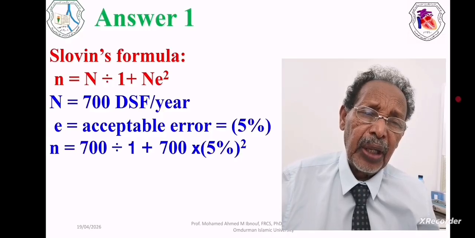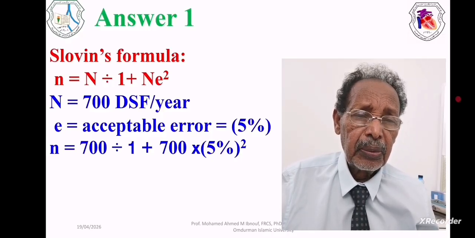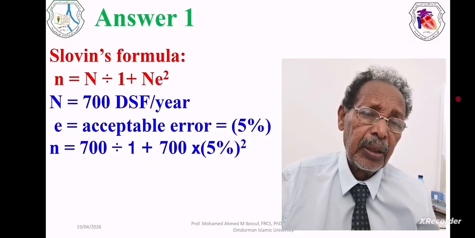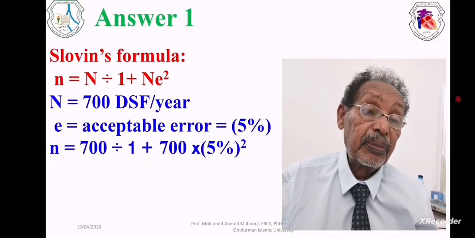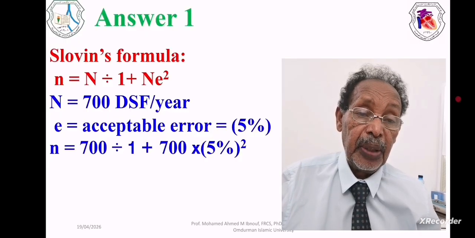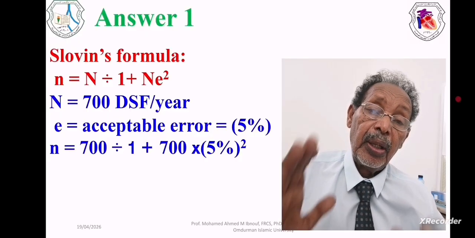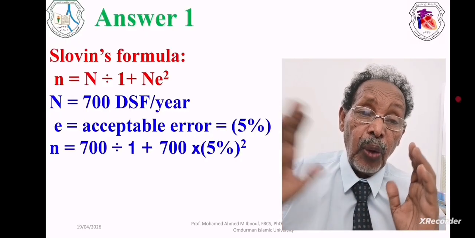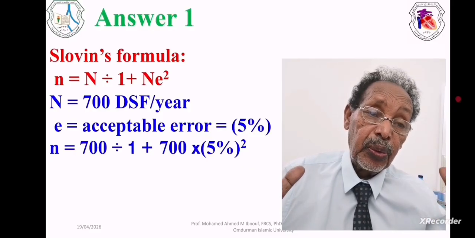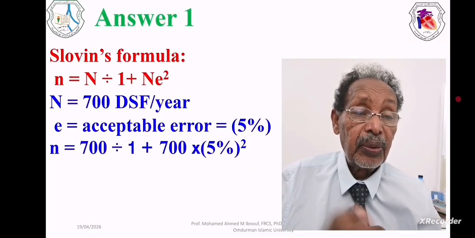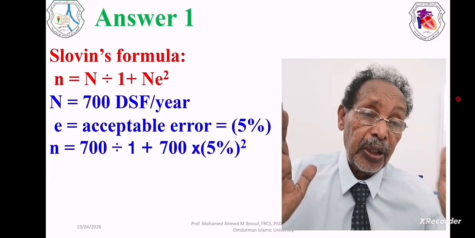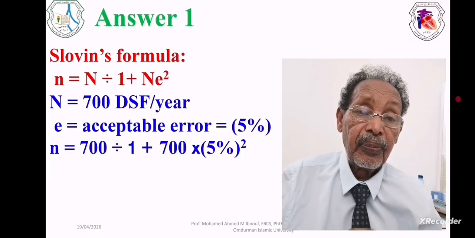But do we write 5% squared? No. We write 0.05 instead of 5%. Why? Let me explain this. 1 is usually equal to 100%, right? 1 is equivalent to 100%.